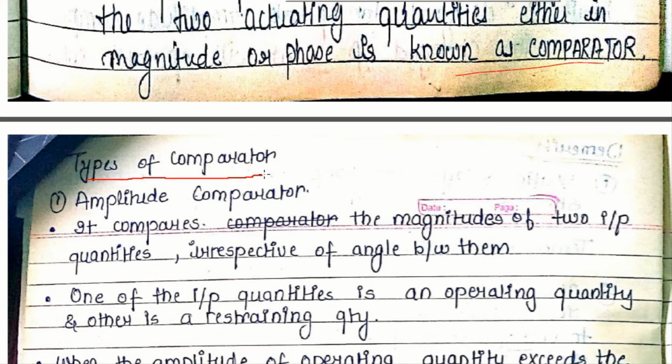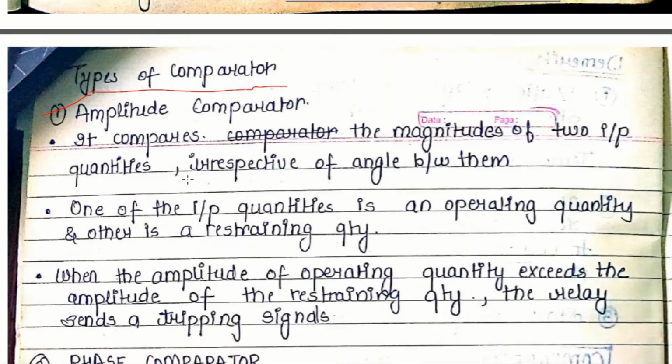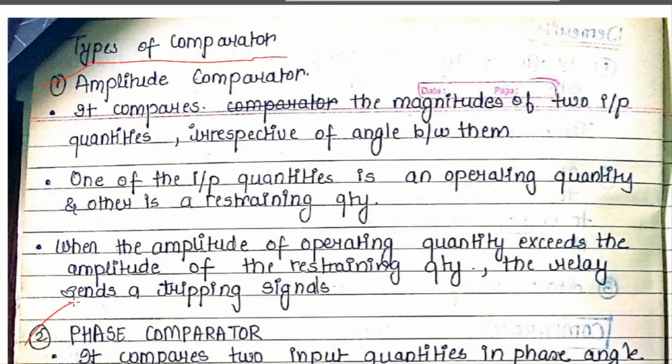Now, types of comparator. There are basically two types of comparator. First is amplitude comparator and second one is phase comparator. In amplitude comparator, basically the magnitudes of the two input quantities are compared irrespective of the angle between them. One of the input quantities is an operating quantity and the other is a restraining quantity.